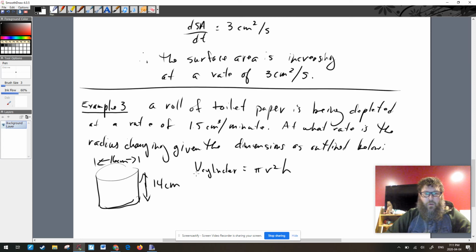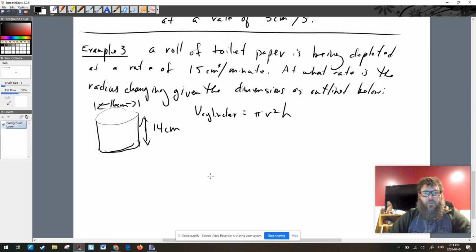All right, welcome back. So what we've got here is a roll of toilet paper that is being depleted. So let's work our way through here. What are we given? We're given that dV by dt is equal to 1.5 centimeters cubed per minute. Now, got to be really careful here.